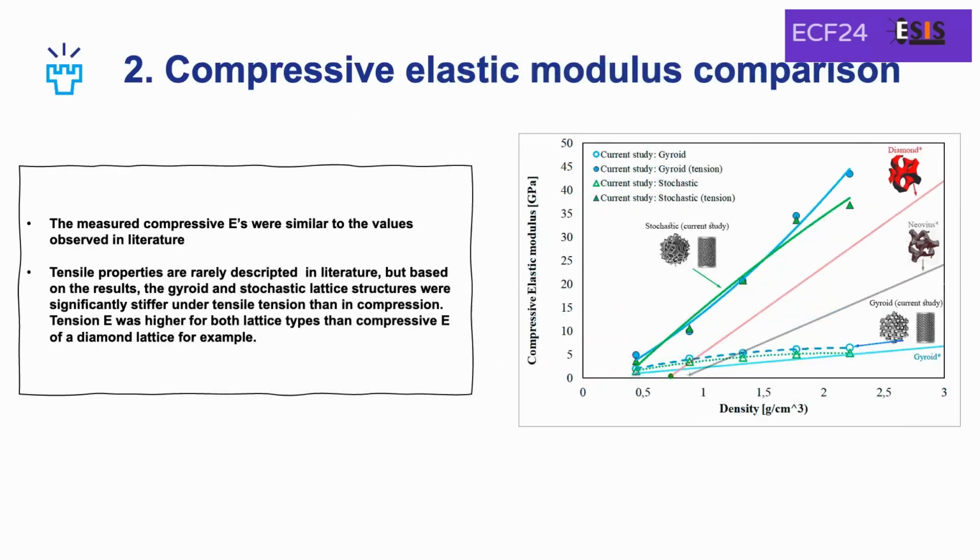What we are also happy about is that we now have the tension properties determined. From the literature, we basically only have the compressive or shear stress properties. Now, based on this study, we see that there is a distinct difference in stiffness, in compression, and in elasticity.